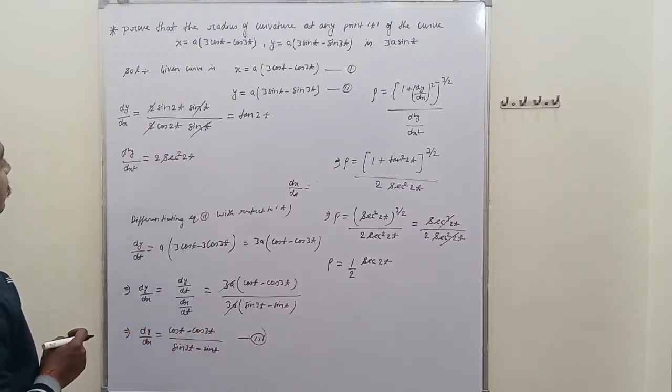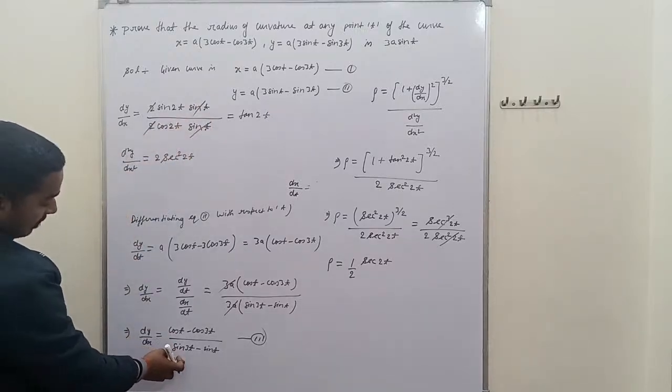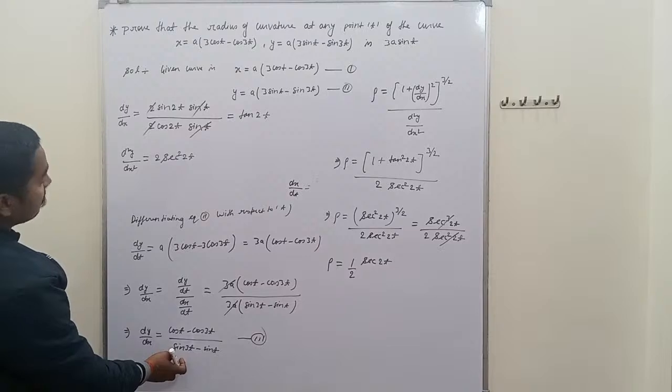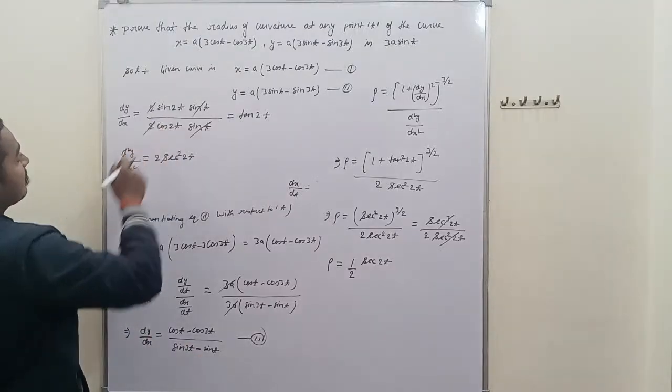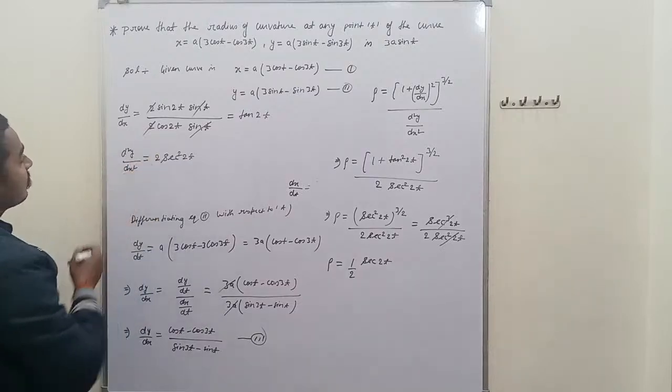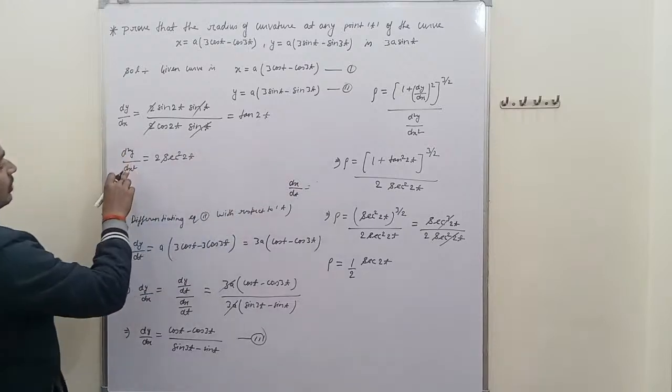This is 2t by 2, this is sin t. Again we have to use 2 cos((c plus d)/2) sin((c minus d)/2). Here 2 is cancelled out, sin 2t upon cos 2t, this is given as tan 2t, and we have to differentiate.